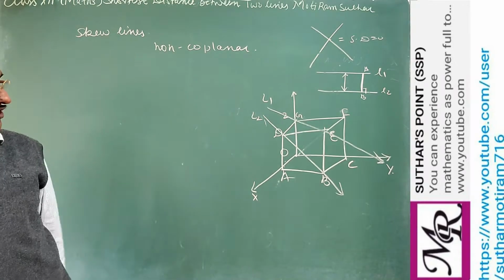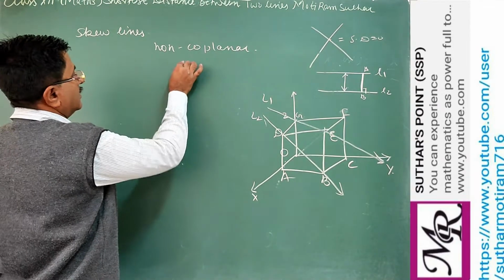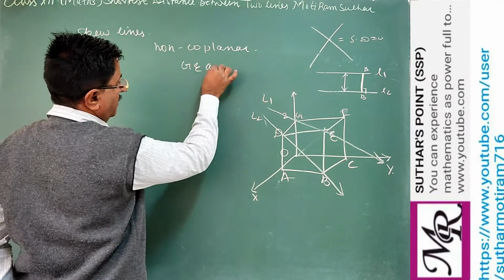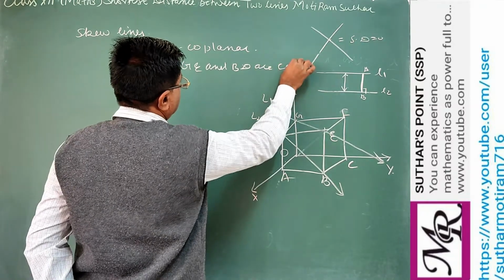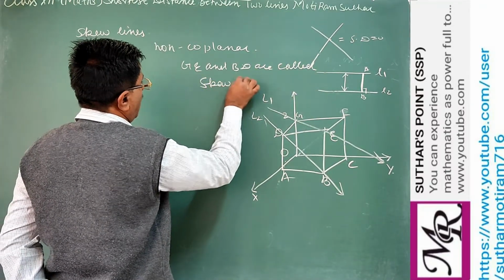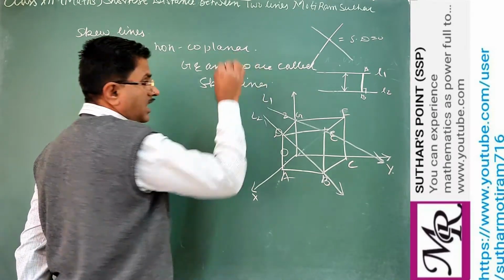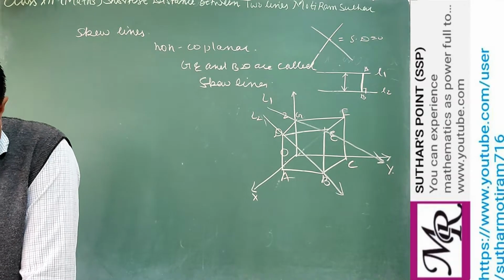So this line GE and line BD are called skew lines. These are the skew lines that you have to find. Clear?